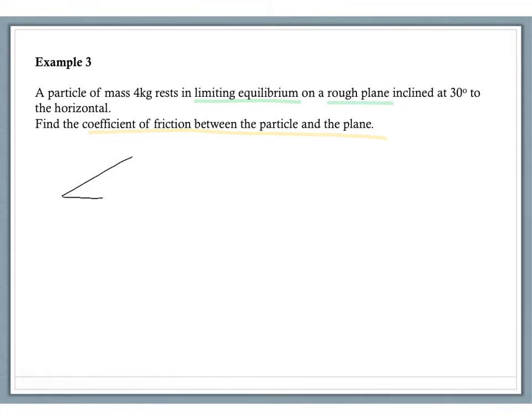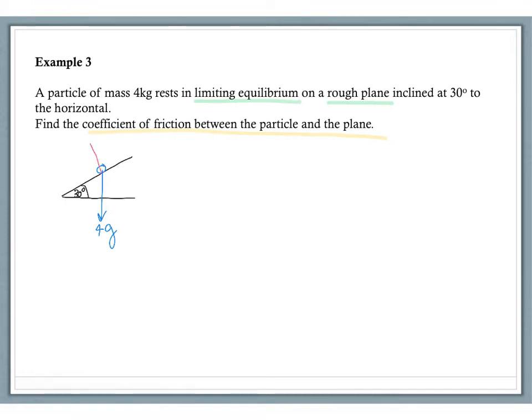Here's my rough plane, inclined at an angle of 30 degrees. Here's my particle of 4 kilograms. I'm going to work out its weight, which will be its mass, 4, multiplied by the acceleration due to gravity, g. Remember, weight equals mass multiplied by acceleration due to gravity.